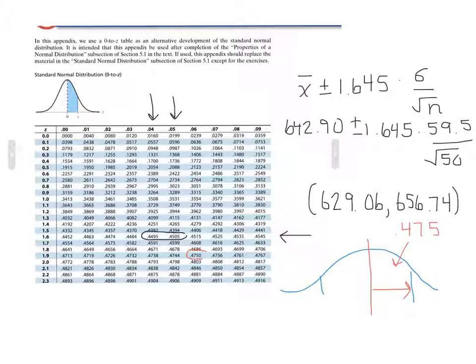So our Z critical value, we're in the 1.9 row of the table, and we're in the column that has a 6 in the hundredths place. And then we would go ahead and compute the rest of our confidence interval using 1.96 instead of 1.645.